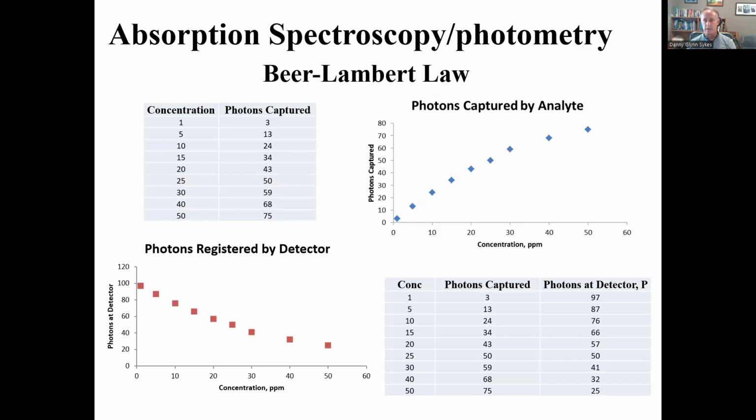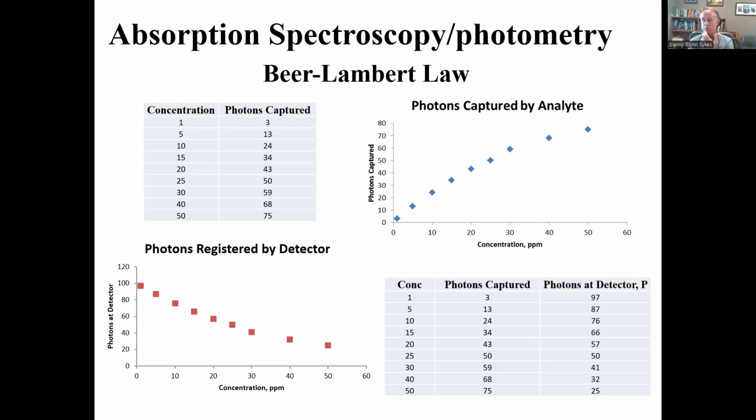All right, so here's just a cartoon. Essentially, I'm looking at a total number of photons, maybe 100 total, and looking at how many photons are captured. And when I say captured, this would be absorbed by the analyte. Captured may not be the best terminology here, but I'm sending 100 photons through my cuvette.